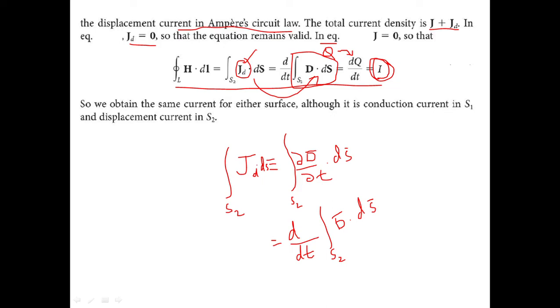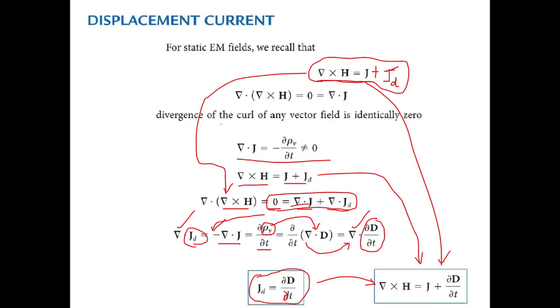If it is time varying fields, you have to consider this J_D, or else whatever equations you are using will be wrong, right? So we obtain the same current for either surface, although it is conduction current in S1 and displacement current in S2. I hope you have understood what displacement current is now, right? So this is all about displacement current.